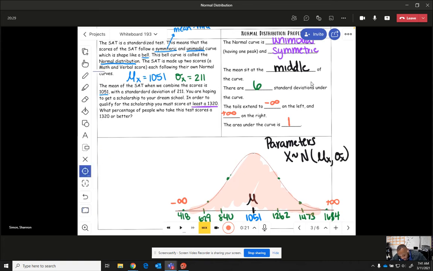Notice that once I know the mean and the standard deviation, I could set this entire curve up, by adding and subtracting the standard deviation from the mean. So in this particular problem, we know that the SAT scores are normal with a mean of 1051 and a standard deviation of 211.